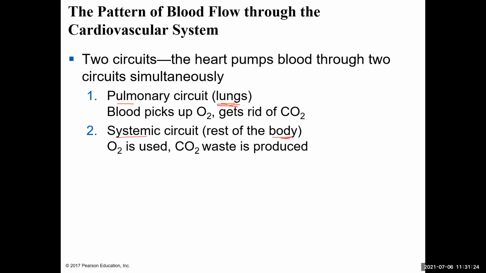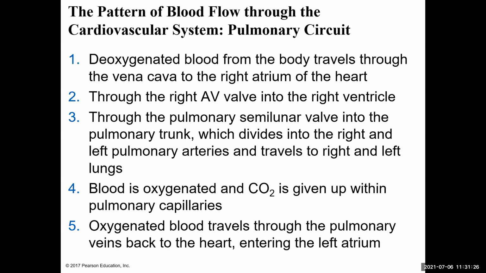Now, the pattern of flow through these circuits. For example, in the pulmonary circuit, deoxygenated blood from the body comes through the vena cava into the right atrium, through the right AV valve, into the right ventricle.